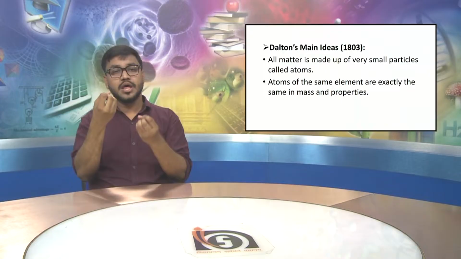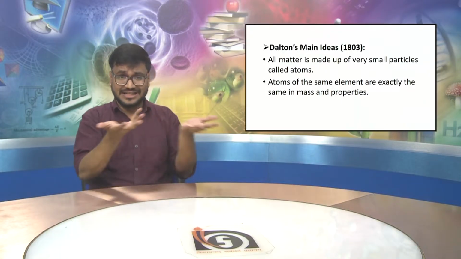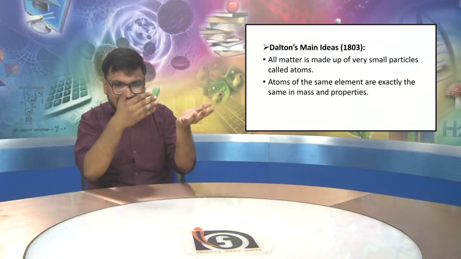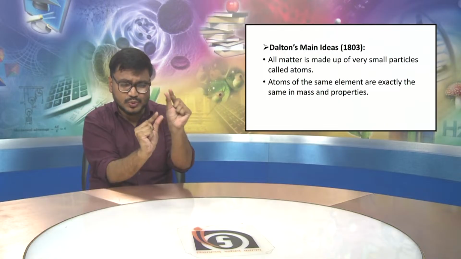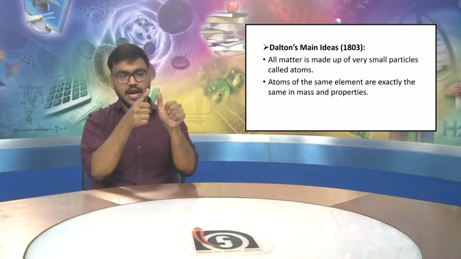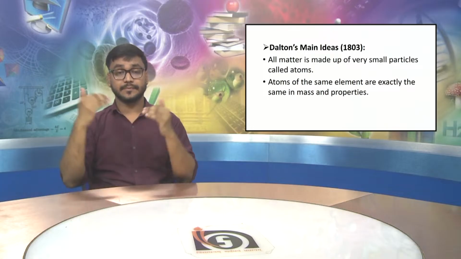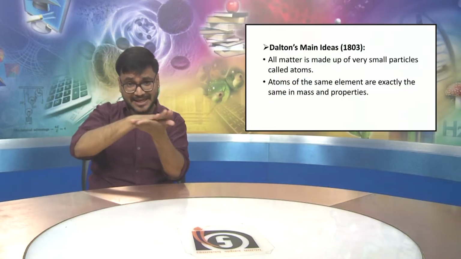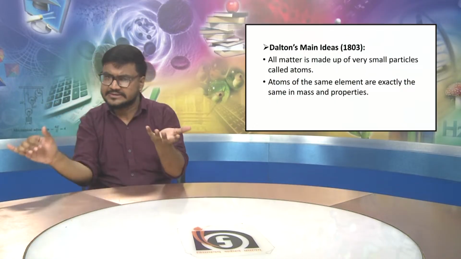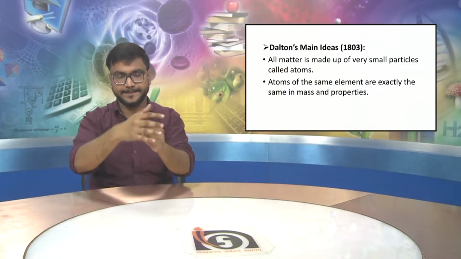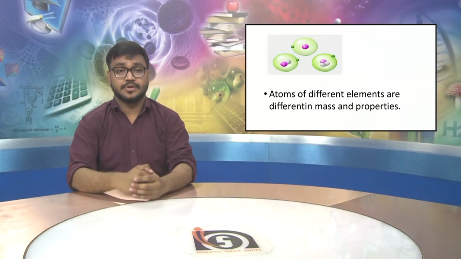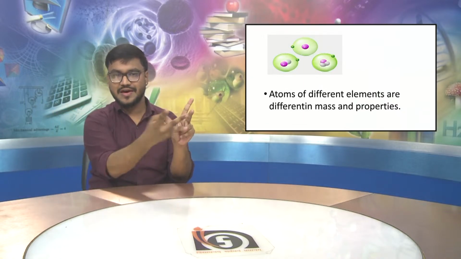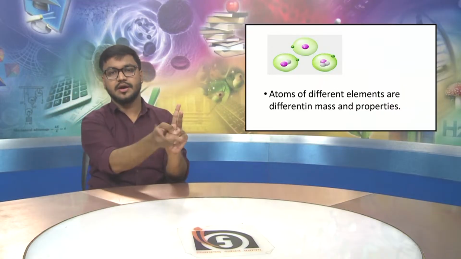Dalton's main idea: he gave his idea in 1803. All matter is made up of very small particles, which are called atoms, and atoms of the same element are exactly the same in mass and properties. Atoms of different elements are different in mass and properties also.